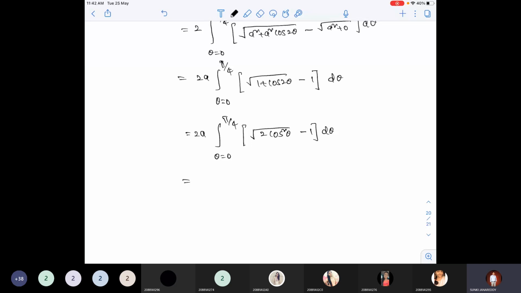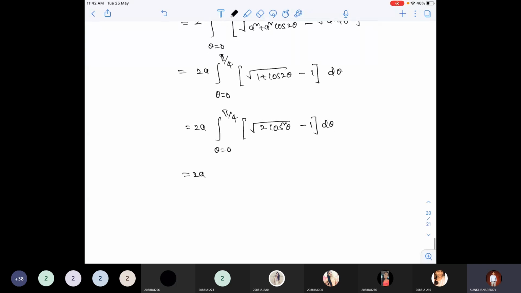Now what next? 2a into, the root and square get cancelled. Then what is the remaining value? Integral theta from 0 to pi by 4, root 2 into cos theta, minus 1 into d theta.